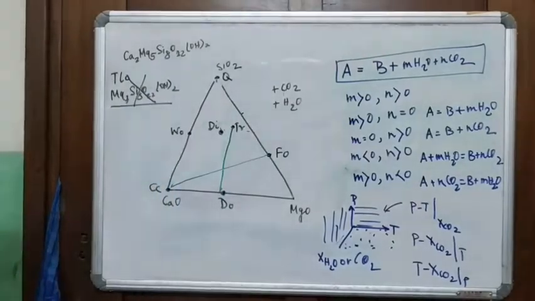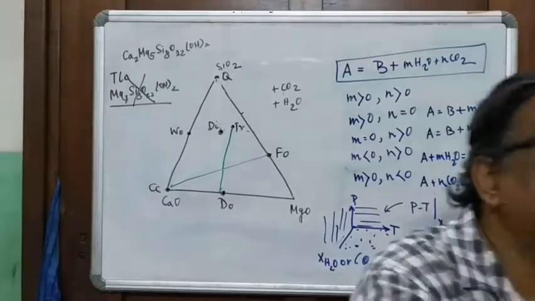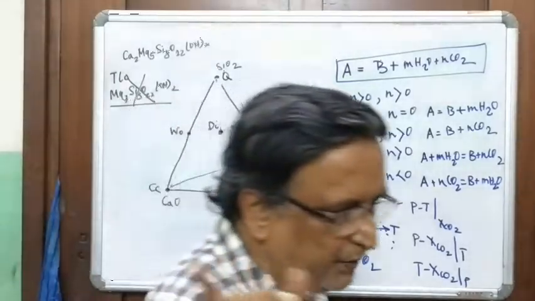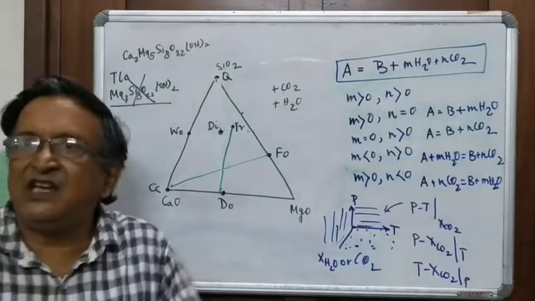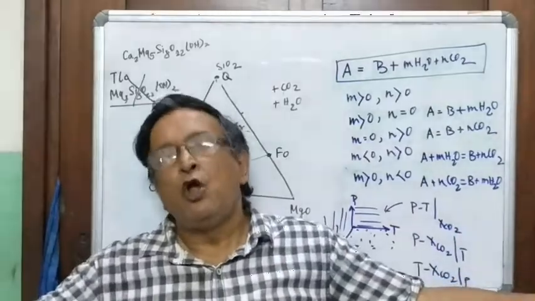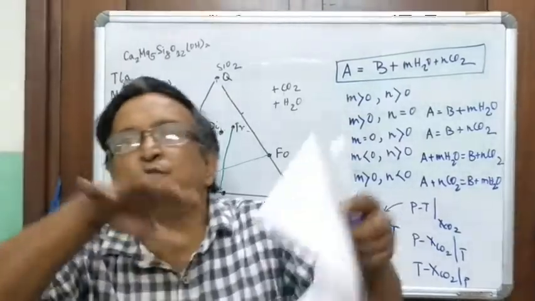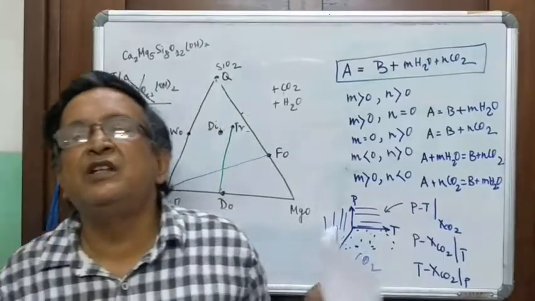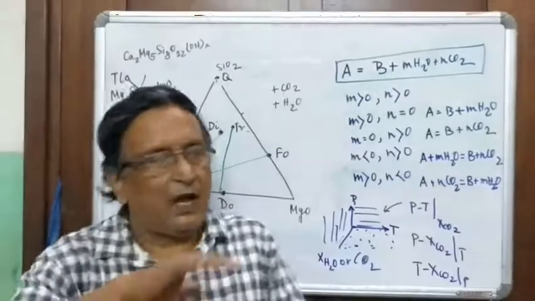So remember, the reaction is a surface. This is also explained in the book chapter that I gave you to read last week. The reactions have curved surfaces in PT, XH2O or XCO2 space, so reactions occupy a three-dimensional geometry, and you are cutting it.